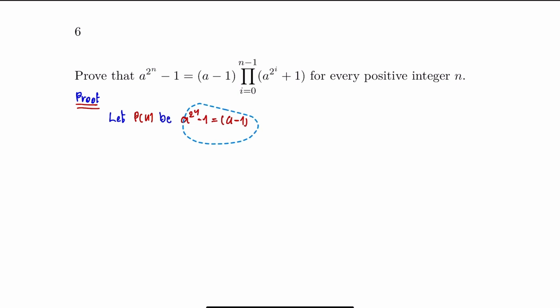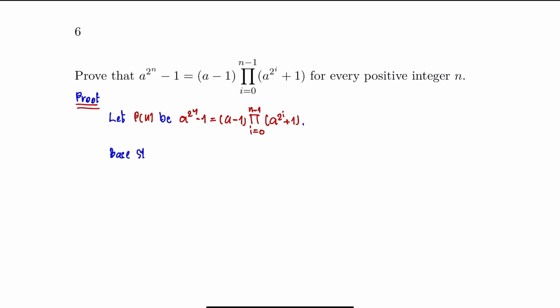This one is equal to a minus 1 times the product from i equal to 0 to n minus 1 of a to the 2 to the i plus 1. So you get to have the product of this term from i equal to 0 to i equal to n minus 1. So we start from the base step.